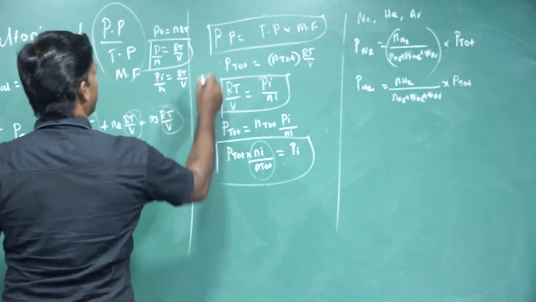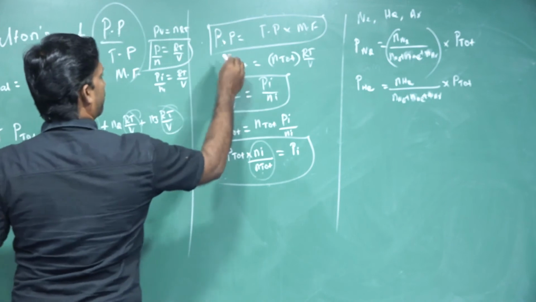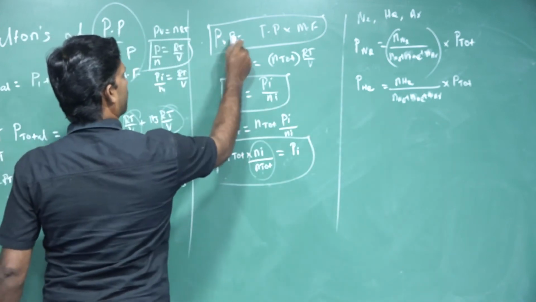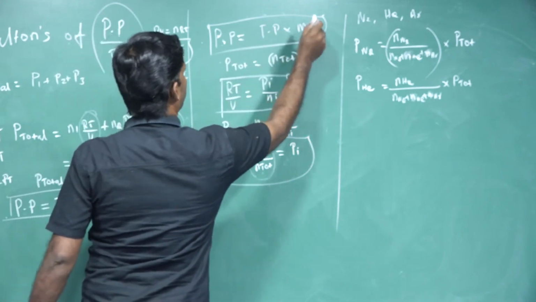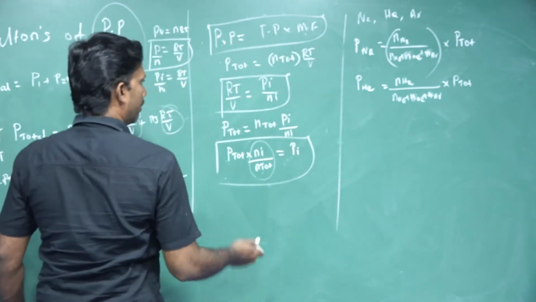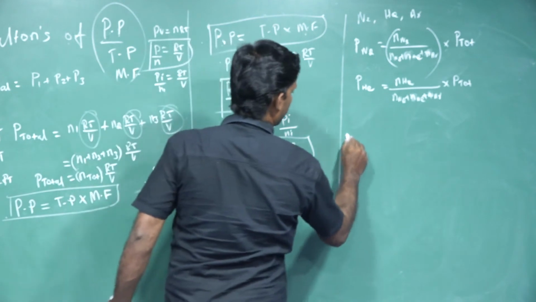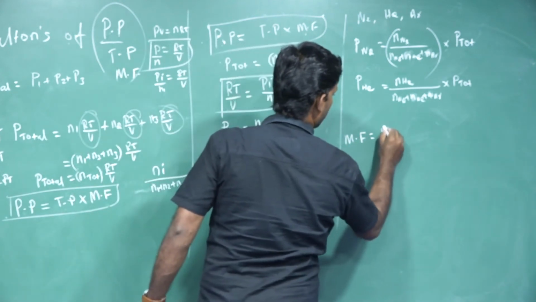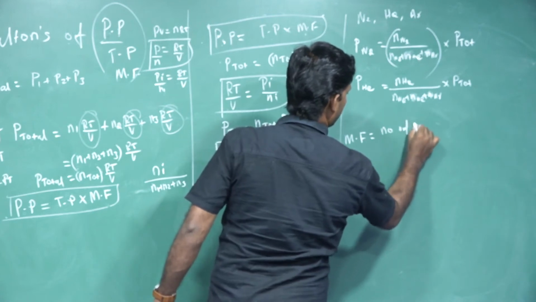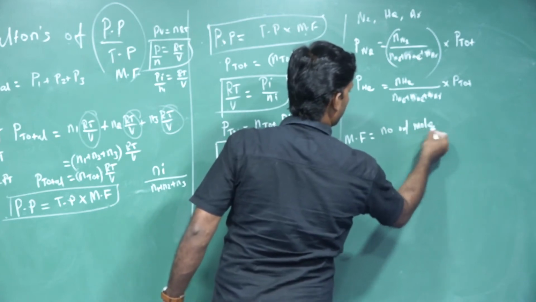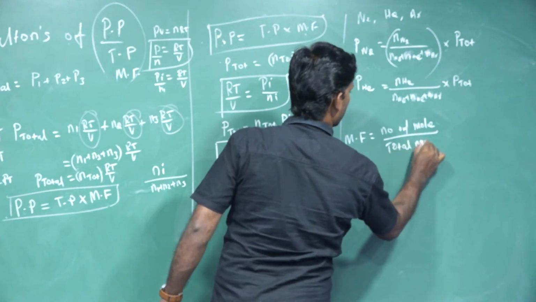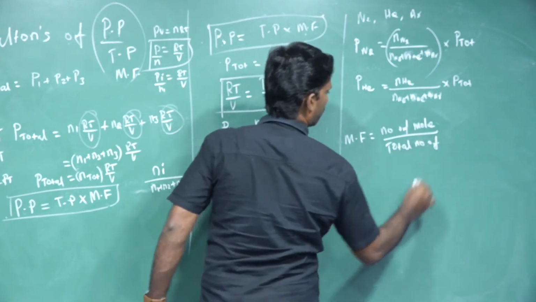That's why I simplified the formula. We want partial pressure for a problem; if you elaborate, you know how the formula comes. Partial pressure equals total pressure into mole fraction. What is the mole fraction? Mole fraction equals number of moles of the individual gas divided by total number of moles in the mixture.